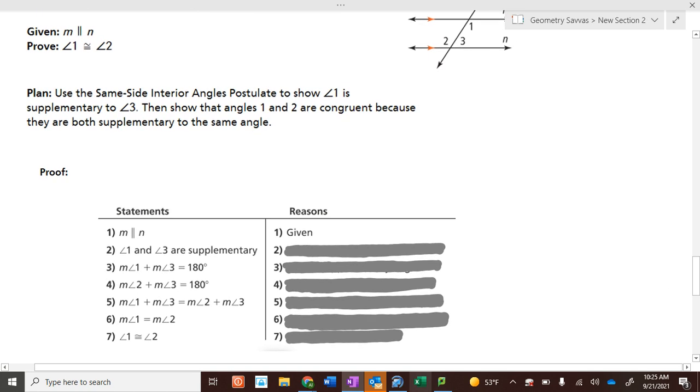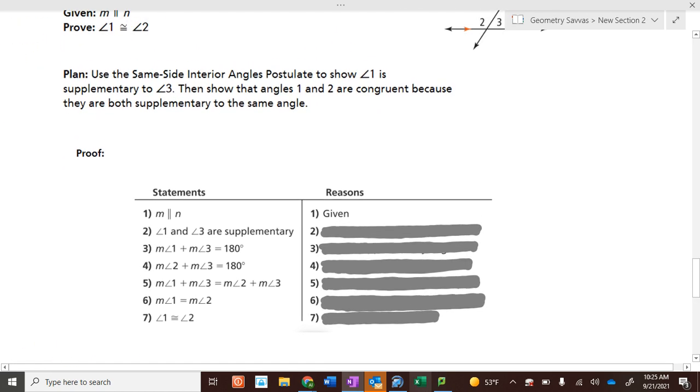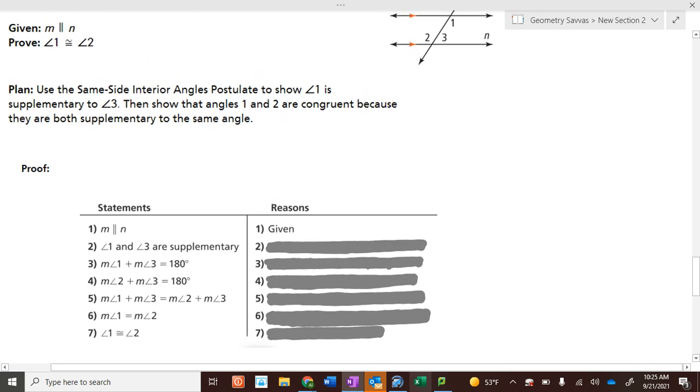1 and 3 are supplementary. Why are they supplementary? Well, because they're what types of angles? It says use same side interiors to show 1 is supplementary to 3, so they are same side interior angles. Okay? So since they're supplementary, they add up to 180. That's the definition of supplementary angles.